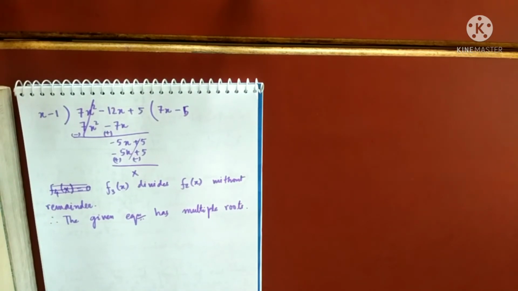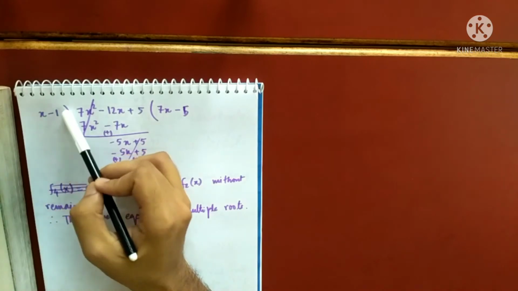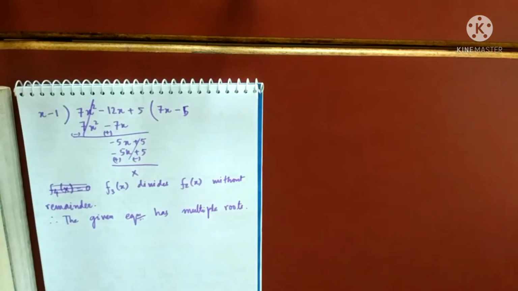So the HCF of the function and its derivative is x minus 1. If you remember the concept of multiple roots, this is a factor of both fx and f1x, and basically one is a multiple root. So one occurs twice as a root for the given equation. This is very important.